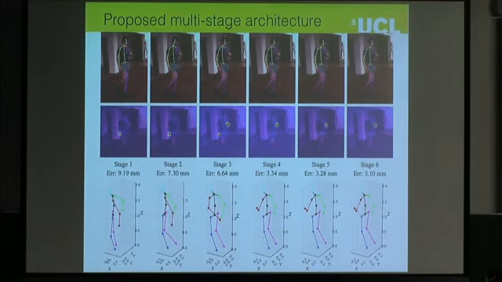So first of all, the heat maps are telling us that the left wrist is actually on the right wrist. And of course this is the main problem that we have as well in human pose estimation, that there's no difference in what they look like, so we have this symmetry problem.